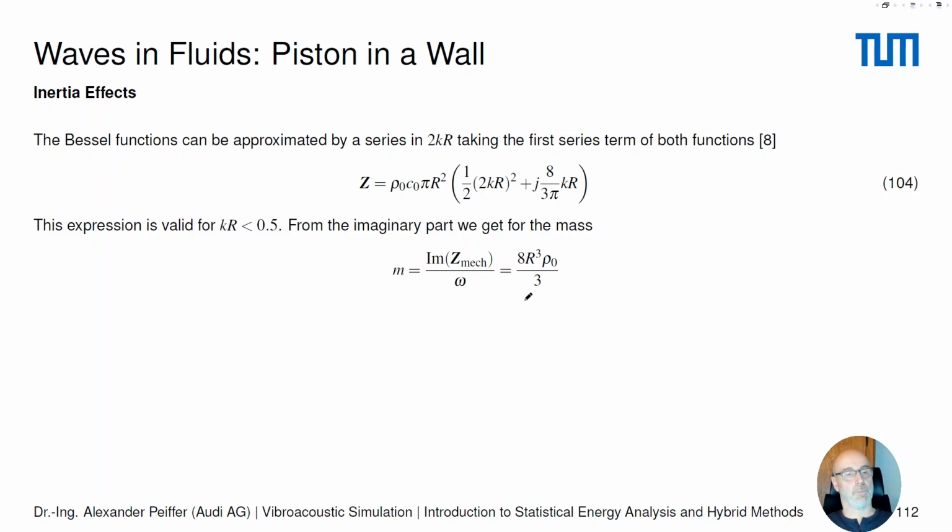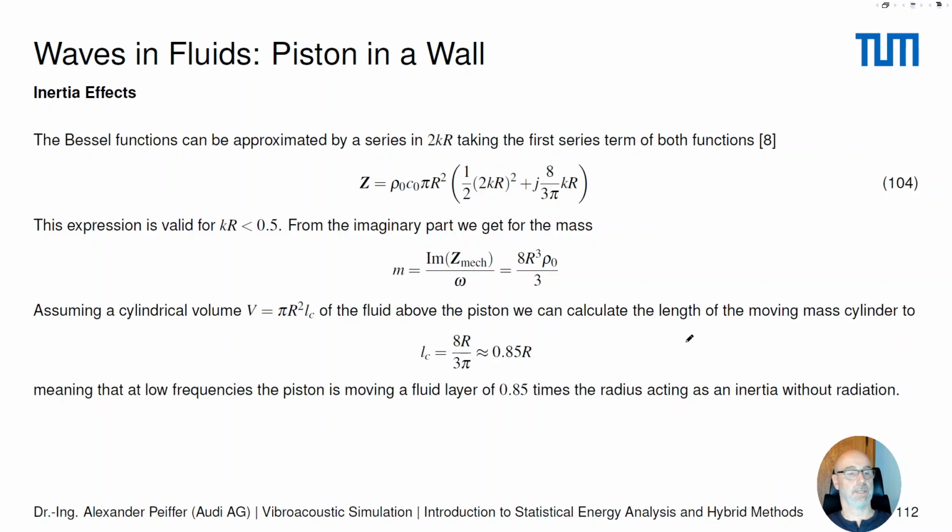And if you remember well, the imaginary part of the mechanical impedance divided by omega, due to Newton's law, must be equivalent to the mass. If you do so for the top expression, we get that at this area the mass is 8/3 times the radius cubed times the density.